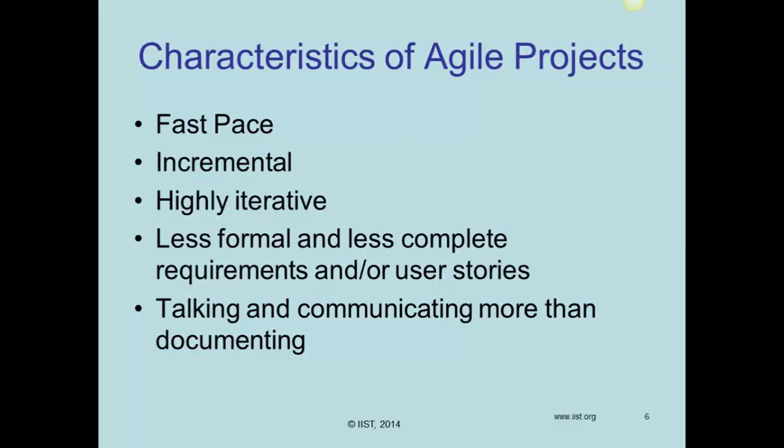I've seen Agile projects also using use cases, which we're going to talk about briefly in this presentation. And the use cases, as you probably know, are very detailed. But the majority of Agile projects have much less formal requirements, much less complete requirement documents. We need to be aware of that.